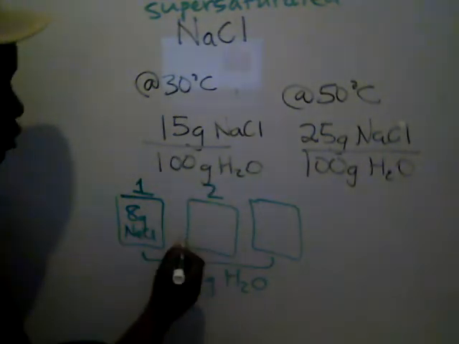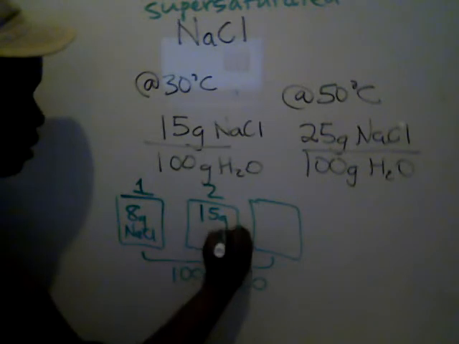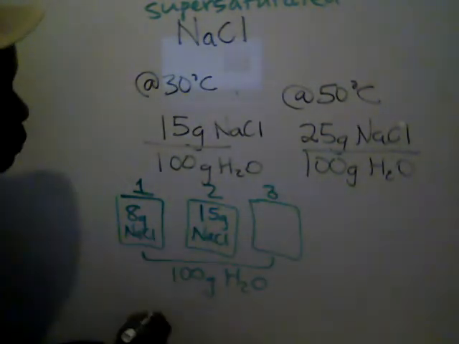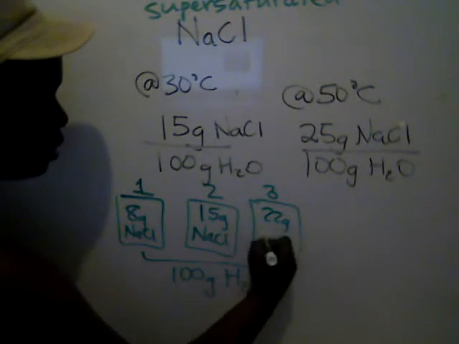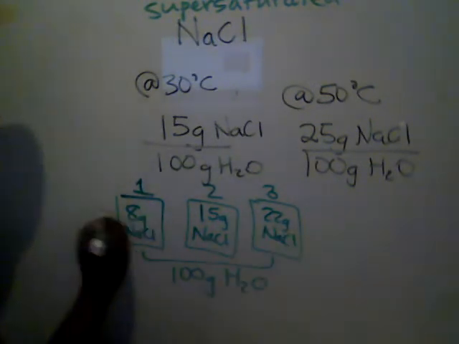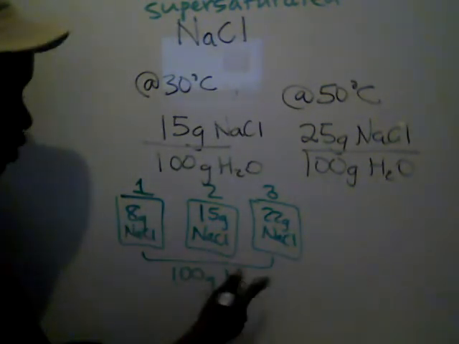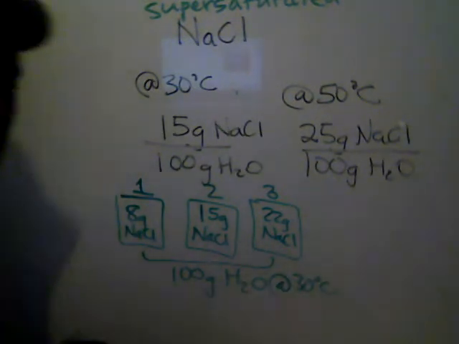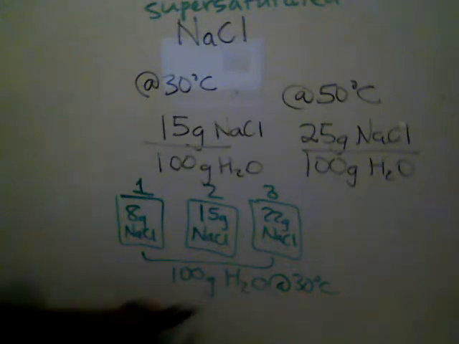In container 2 we put 15. And in container 3 we put 22. Again, they're all mixed in 100 grams of water, and they're all at 30 degrees Celsius. So same temperature, same amount of solvent.